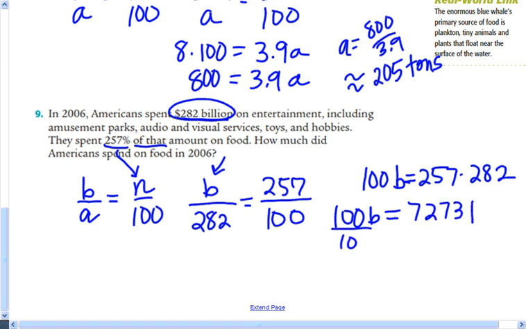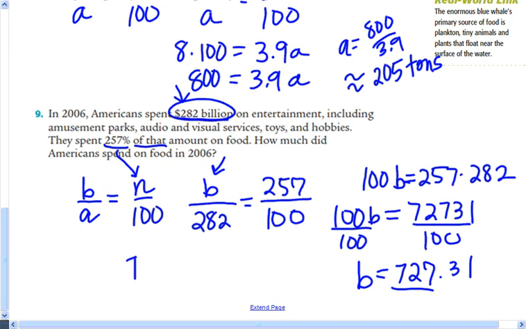Divide both sides by 100, and I get B is equal to 727.31, but this number here was rounded to the nearest billion, so I'm just going to round this to the nearest billion. So I'm going to say the answer is they spent $727 billion on food in the year 2006. All right.